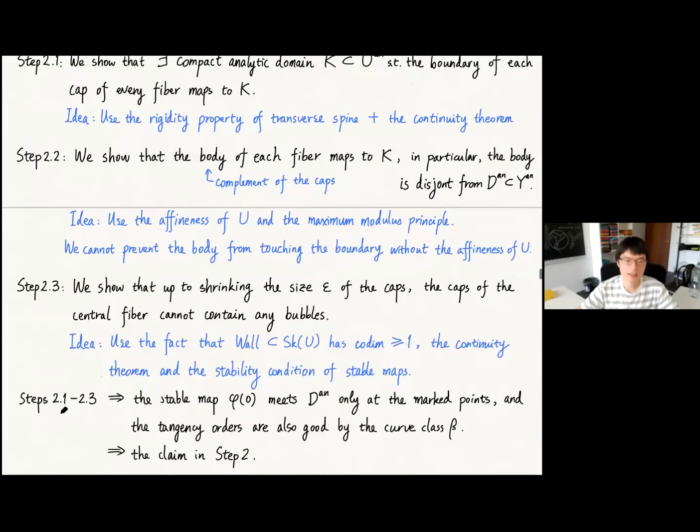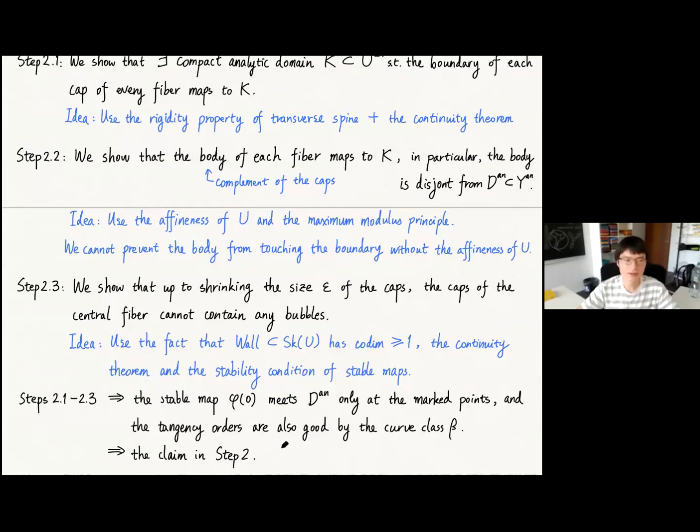Now combining steps 2.1 to 2.3, we see that the central fiber meets the boundary divisor D only at the marked points, and the tangency orders are also good by the curve class beta. So then the claim in step 2 follows.